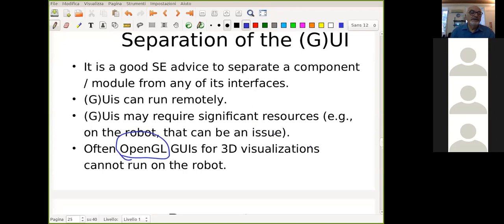A good OpenGL system needs also a graphic board, graphic hardware that you do not embed in the robot itself. So the separation of the graphic user interface is typical of robots and in general of many automation systems in which the user interface runs on a completely different machine in the network.